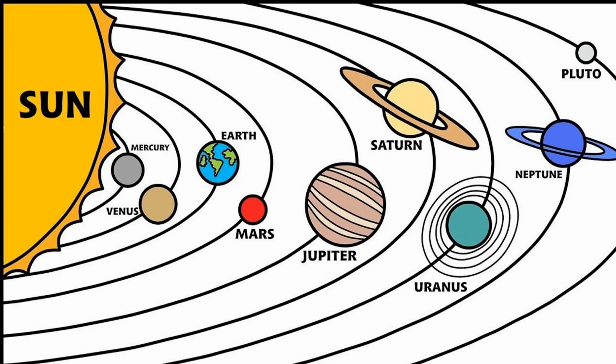Similar to this solar system, our atom has a nucleus in between. And in the nucleus, we have two members of an atom. These are N and P. Now, similar to the orbits in the solar system, here also we have orbits. In these orbits, another member of an atom is placed, which is known as the electron.